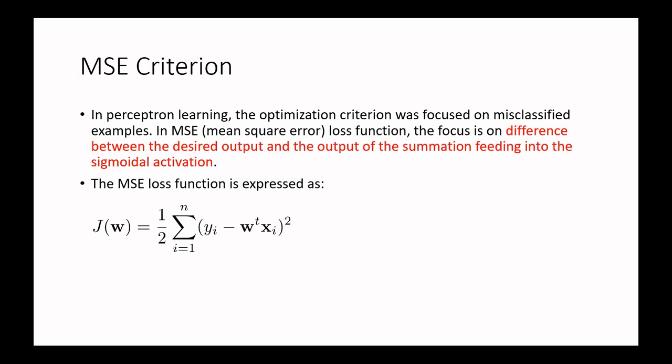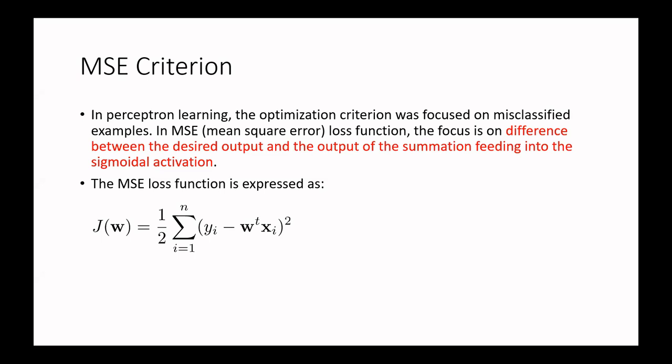This is the output that you want, so this will be the label of the input example, minus W transpose xi, which is the activation sum that your network is producing. So you want to take the difference between the two, square it up, and add it over all the examples. So that is your criterion function.